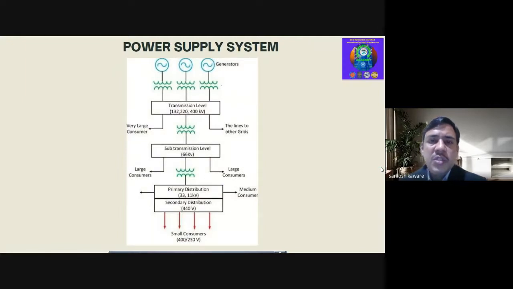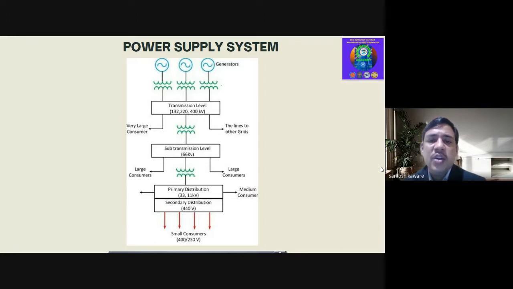Then if you see the power supply system, when it comes to high voltage, it especially comes from the generation. From that generation, the low voltages, 11 or 12 kV like that, we step up to 132, 220 or 400 kV levels.